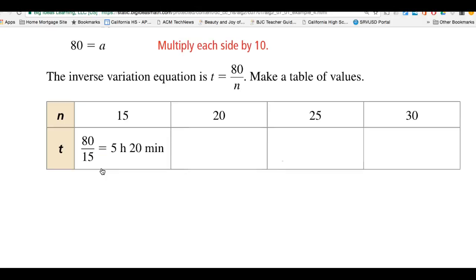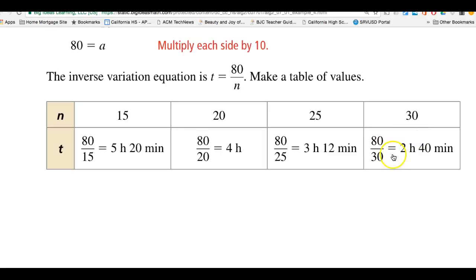That's 5 1/3. 80 over 20 is 4 hours. 80 over 25 is going to be 3 hours and 1/5, so that's 3 hours and 12 minutes. 80 over 30 is 2 2/3, which is 2 hours and 40 minutes.